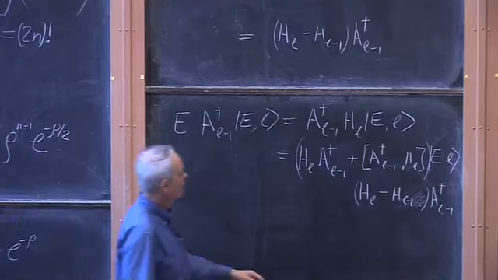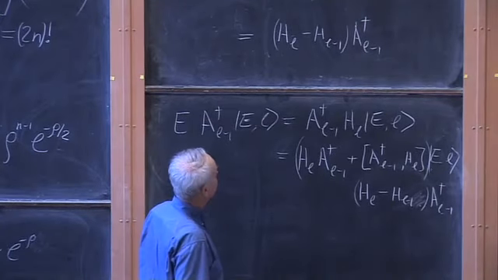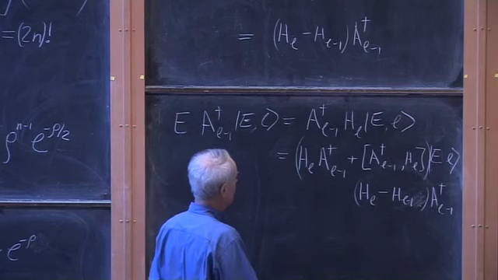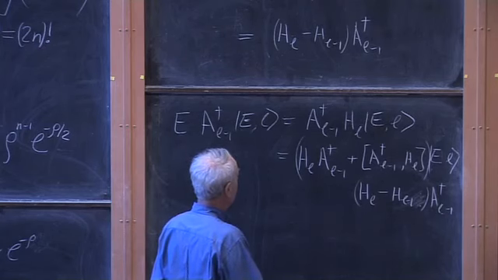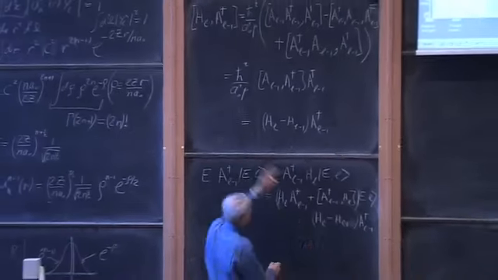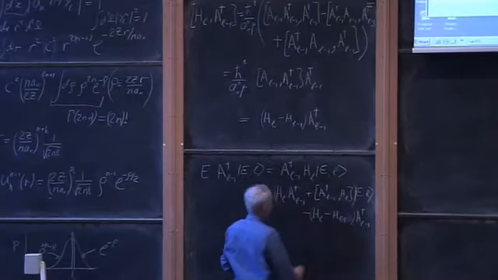We can see the commutator is the other way around. Yes, the commutator up there is HA, and we want AH. So this becomes a minus, exactly.